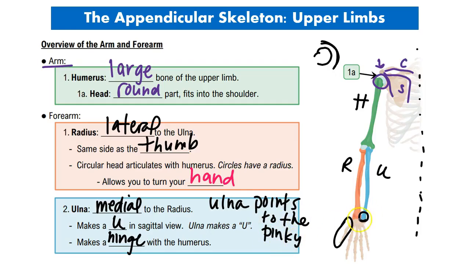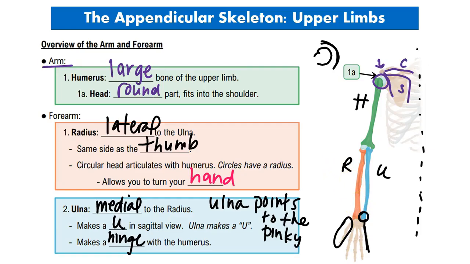So the pointing end of the ulna is pointing towards the pinky. The radius is always going to be on the same side as the thumb. So no matter how you turn it, always think thumb is radius, pinky is ulna. Just to orient you, a lot of these images are in anatomical position, so we have the palm up and forward, and of course the thumb is out. Okay, so just keep those details in mind too.